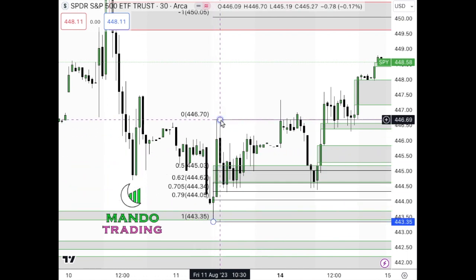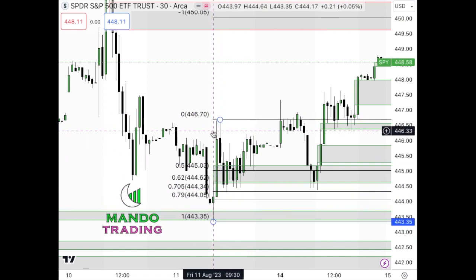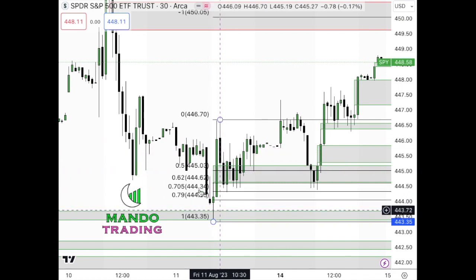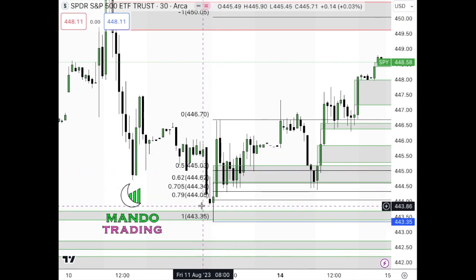I'm not a Fibonacci trader by any means, but I do use them for measurements. I think it's a great tool to add just to have an overall understanding of the range that we're trading in. And again, you're going to see why I use it and why I feel like it is important.